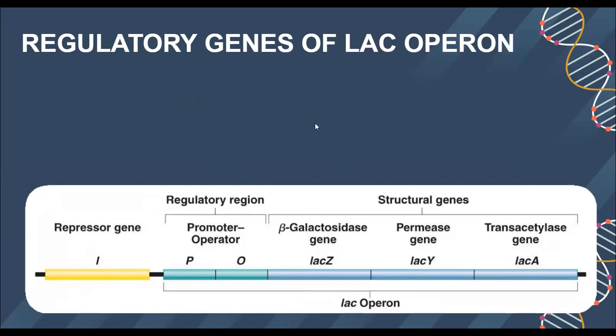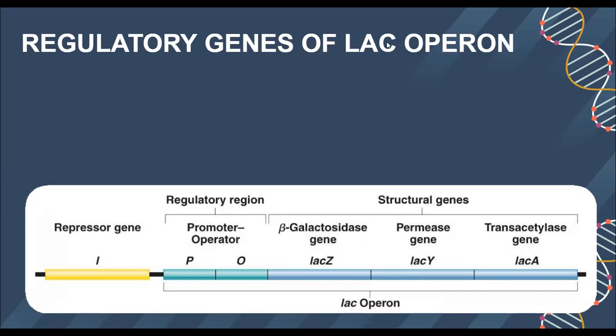Here we are talking about the prokaryotic cell, in which we have just begun with the example of lactose operon. So in this video, we are just understanding the structure, and in the next video, we will understand how this lactose operon works.